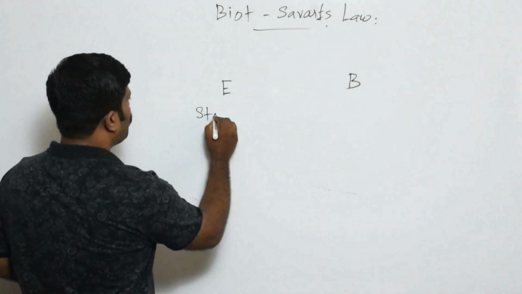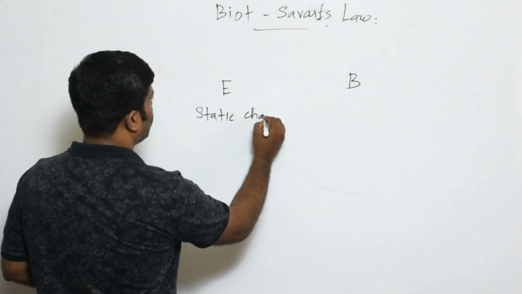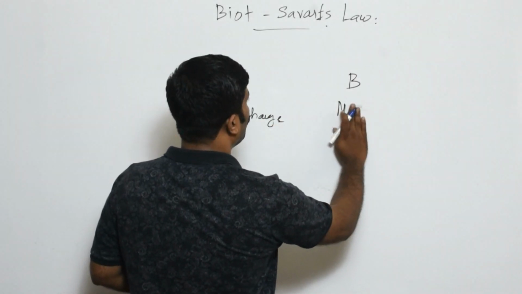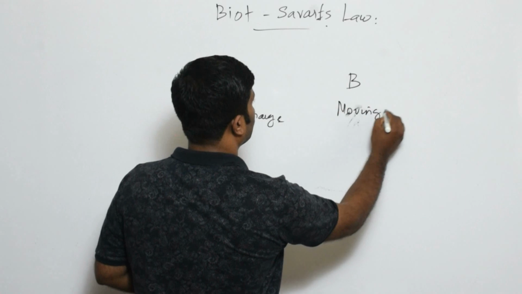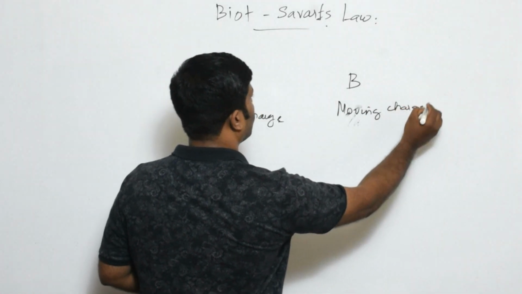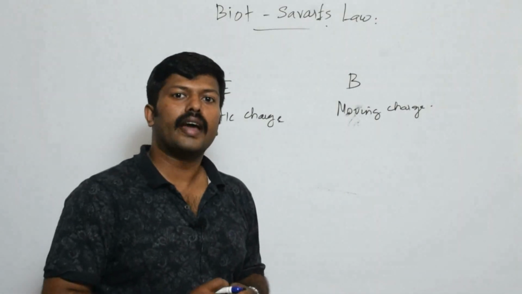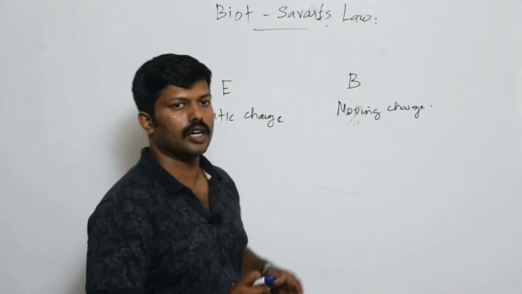Electric field is because of static charge, and magnetic field is because of moving charge.